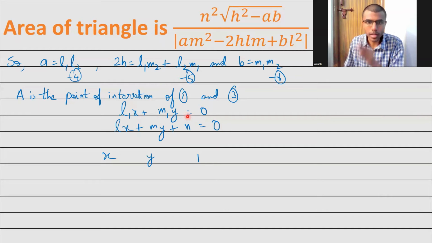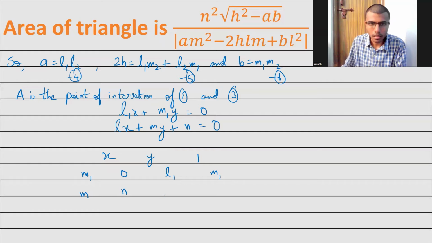So M1, 0, L1, M1. Next, here it is M, N, L, M.